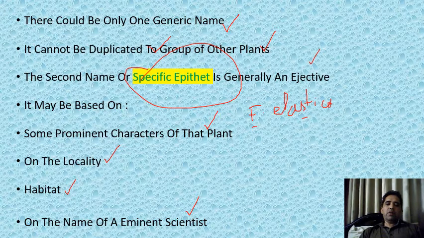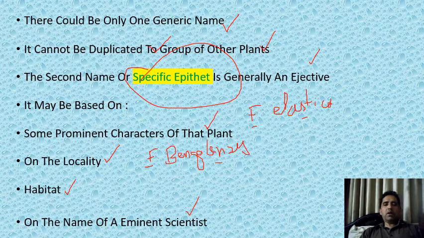For locality, for example, Ficus bengalensis. It is from Bengal or Bangladesh, so it is named according to the locality. Bengalensis. The specific name is underlined here, and the generic name underlined here.